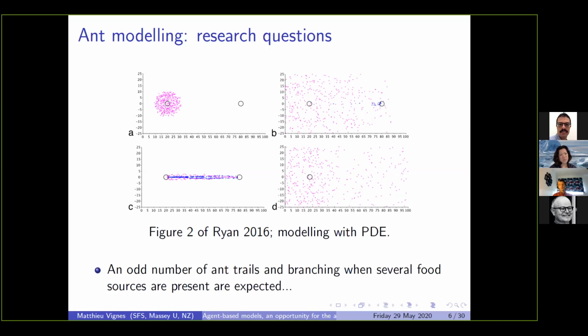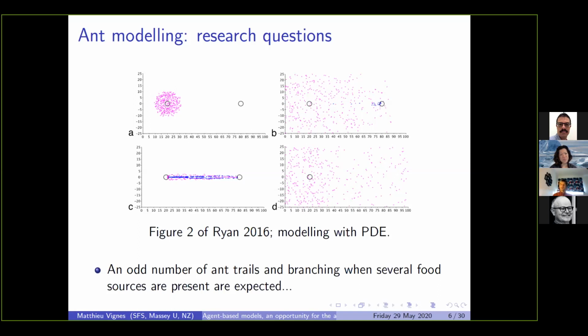So at first, what happens is that ants would be roaming freely everywhere in a random walk. And in B, the first ants start to locate the source of food.